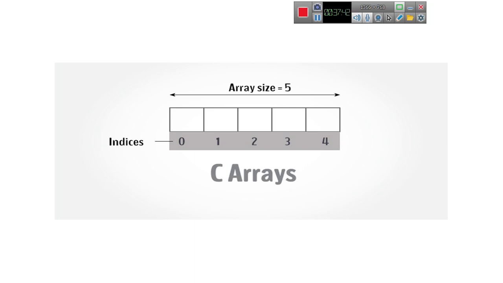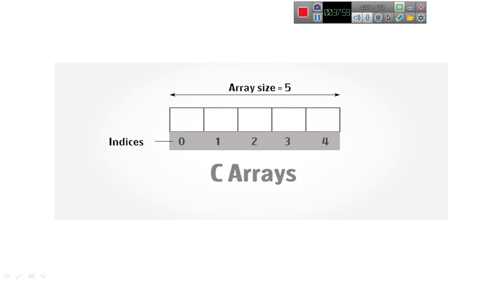Five memory locations are there: 0, 1, 2, 3, 4. These are called index numbers.